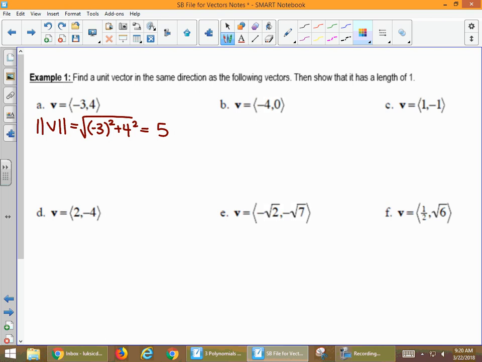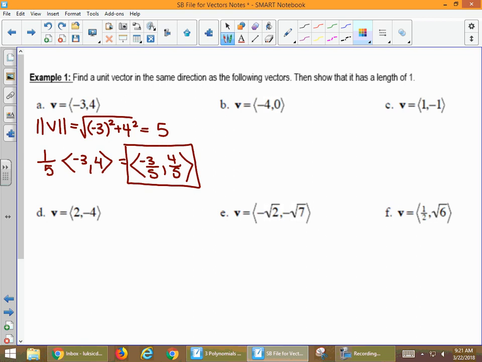That's your pre-work. I like to do that outside of the actual problem. And then unit vector, again, is 1 over my magnitude times my original vector, and I distribute that through. So negative 3/5, 4/5.